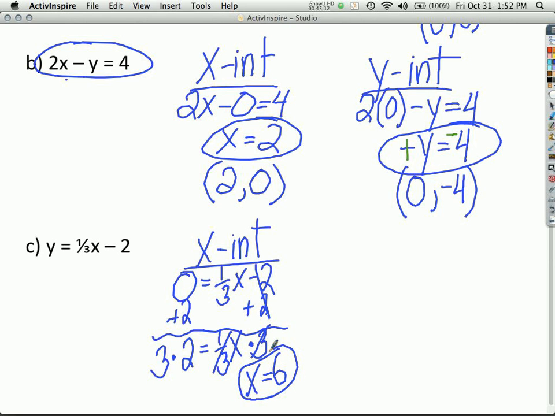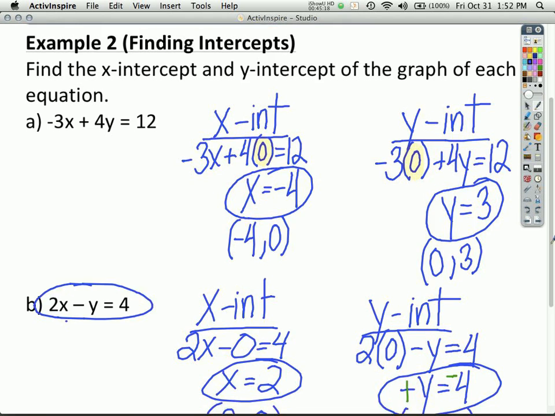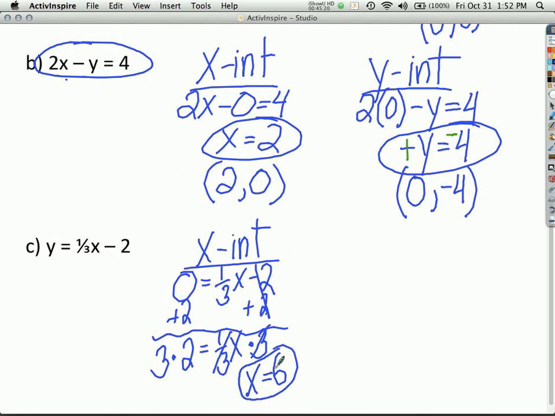So when it was in standard form, it took 1 step. When it was in this form, it took 2 steps, but you still were able to do it. But now let's look at the y-intercept. And to find the y-intercept, what action must we take? What action must we take, Yasmin?